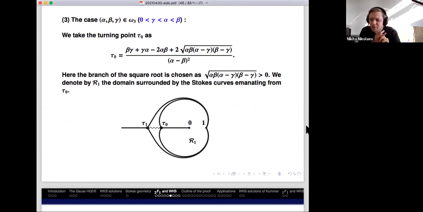Maybe I have a question, Professor Aoki. So is this part of a larger program where you take all of these very classical differential equations, which often have very standard sets of preferred solutions, and just compare them, kind of build this very large dictionary between those standard solutions and WKB solutions?